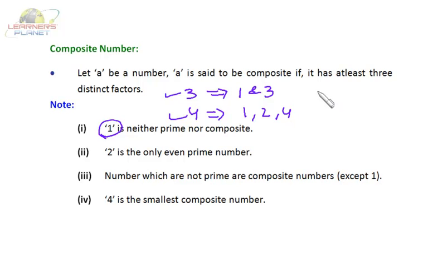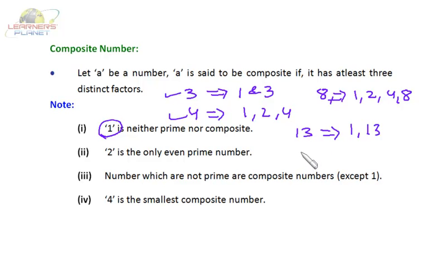I take one more example, say 8. So let's try to find out the factors of 8. It is 1, 2, 4 and 8. That means 8 is having more than 2 factors, so 8 is a composite number. Now let's see number 13. 13 is having only 2 factors, that is 1 and 13. That means 13 is not coming in any other number's table except 1 and 13, so 13 is a prime number.